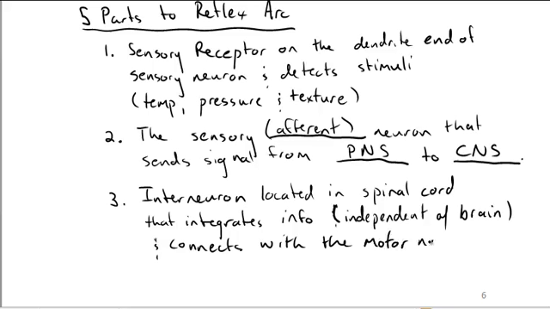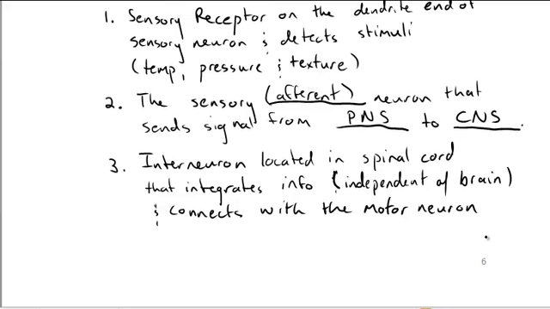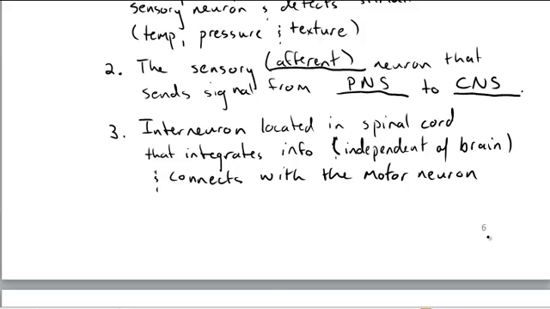So the whole interneuron is in the spinal cord, in the central nervous system, but it connects information from the peripheral nervous system into it and then out of it.